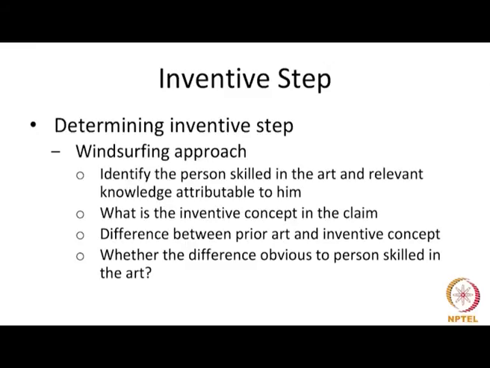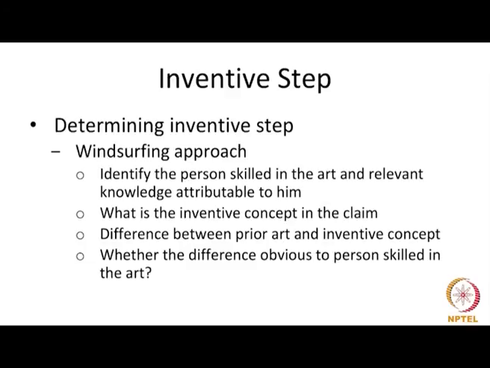The third step, identify what differences exist between the matter cited as prior art or state of the art and the inventive concept. Now, here comes in the earlier approach we saw, where the closest prior art was identified, then the problem was identified.